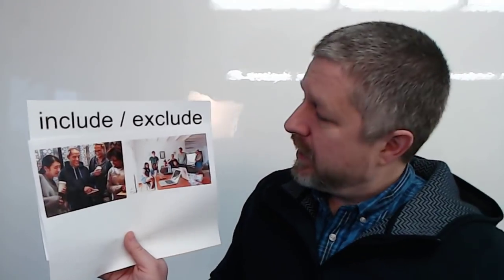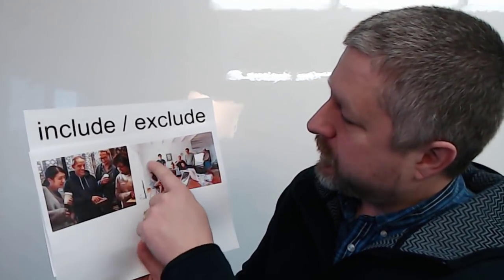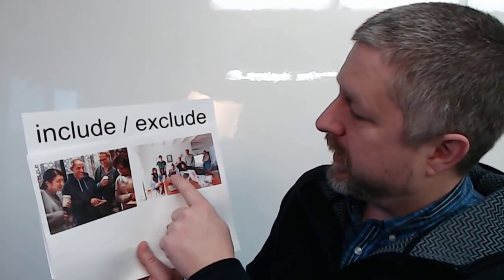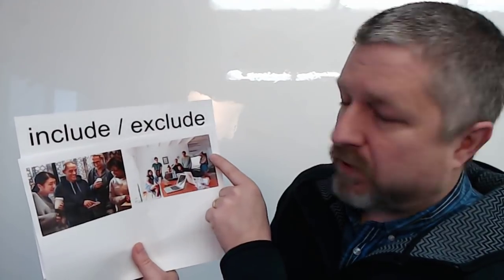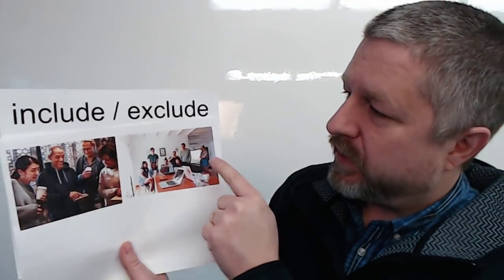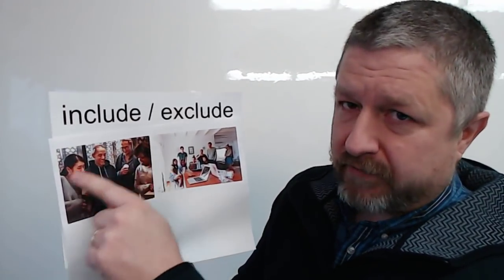But in this picture, these people are all looking at one thing, but this girl way over here, I'm not sure if you can see her, she is excluded from the group. So here they decided to include everyone, but here they have excluded this girl over here. So she's not part of the group.